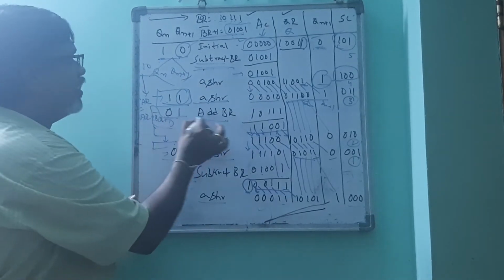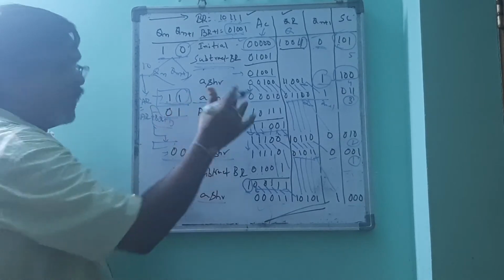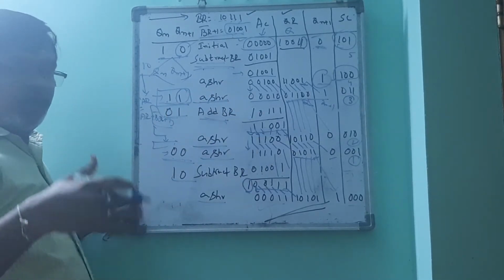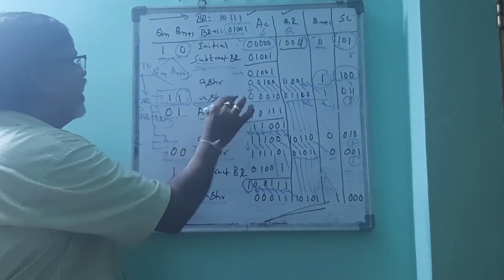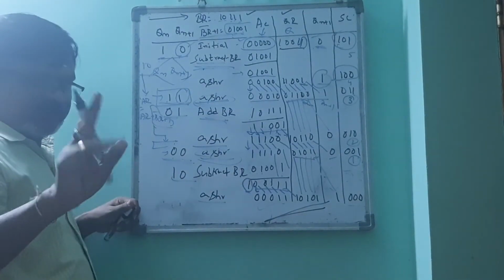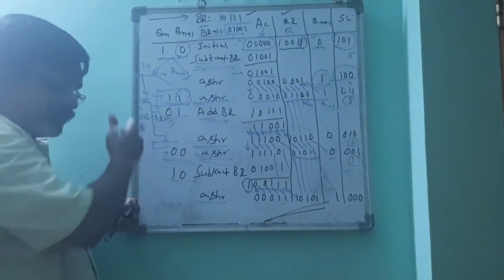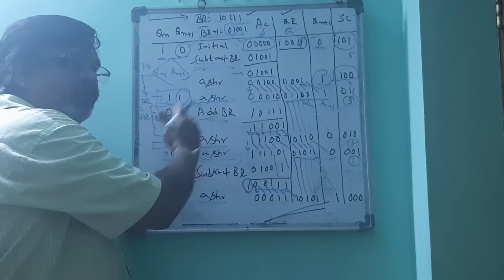If it is 0 1, simply add. If it is 1 1 or 0 0, you need not add or subtract, simply shift right, arithmetic shift right. Remember, there is a difference between shift right and arithmetic shift right. Shift right means the most significant bit will be moved like this.